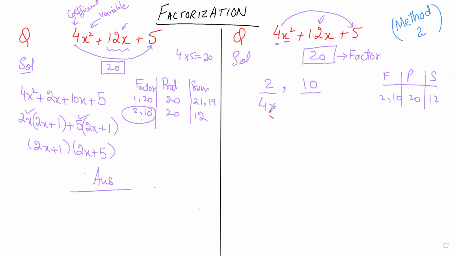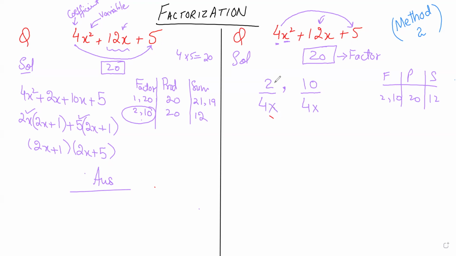We don't need to write the exponent with it, either it's cube, square, or a single x. We only want to write the x, the variable. So I'm going to divide both of them by 4x. If instead of 4x it's 3x squared, then I'm going to write 2 divided by 3x, 10 divided by 3x. But here in our case it's 4, so I'm going to only divide it by 4x, both of them.